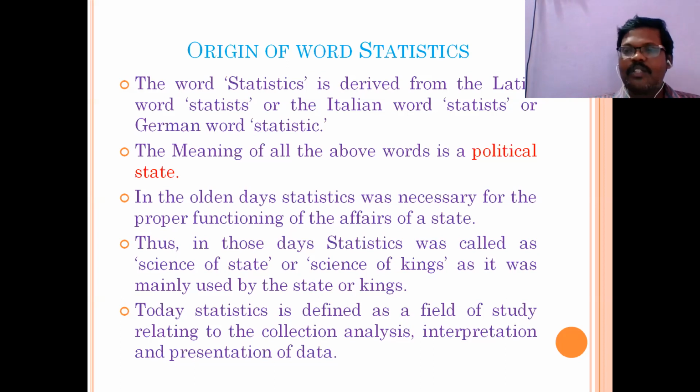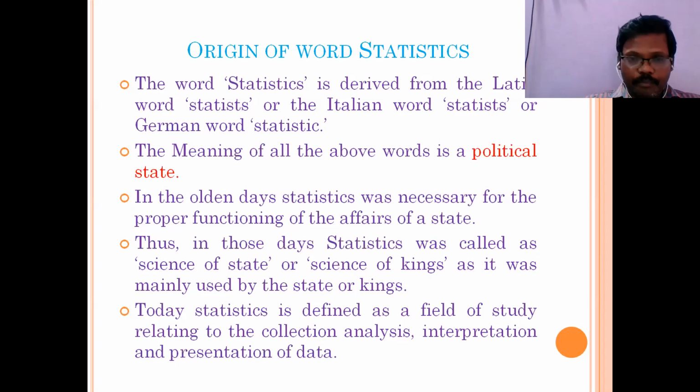That statistics was mobilized by the government or state, so that record was with the government only. In those days the government or state was nothing but the king, we know. That's why it was called the science of kings, because the kings were using this terminology. It was important for the kings to know the different data from various people.